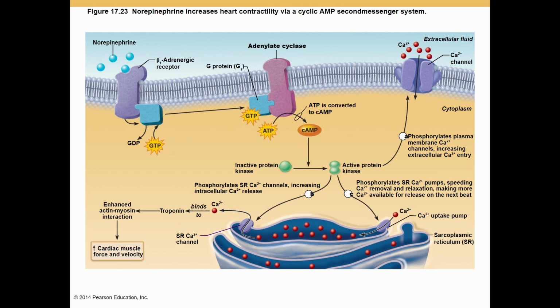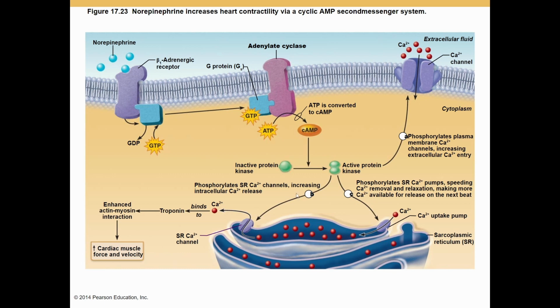Here we can see norepinephrine increasing heart contractility using a second messenger system, where the second messenger is a cyclic AMP, or cAMP, signaling molecule, which will turn on protein kinases, and that will allow for phosphorylation of the sarcoplasmic reticulum calcium pumps, speeding up calcium removal and relaxation, making calcium more available for release on the next heartbeat.